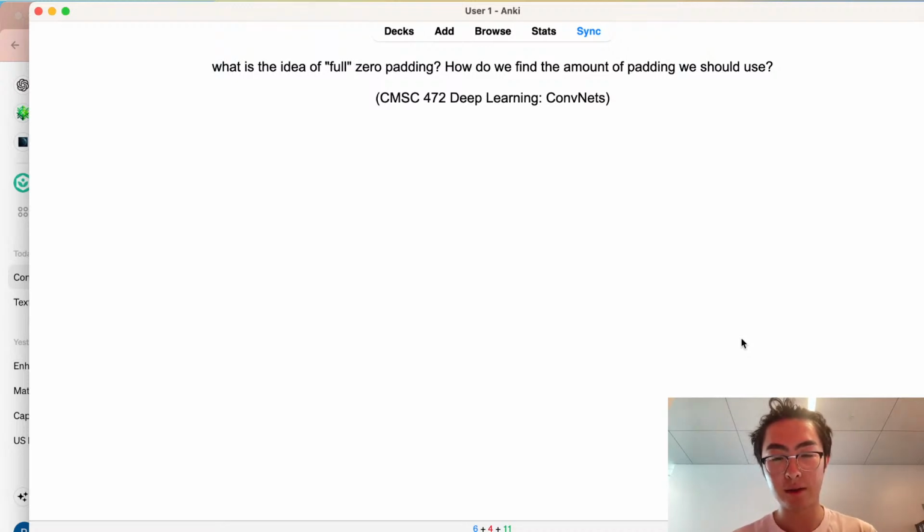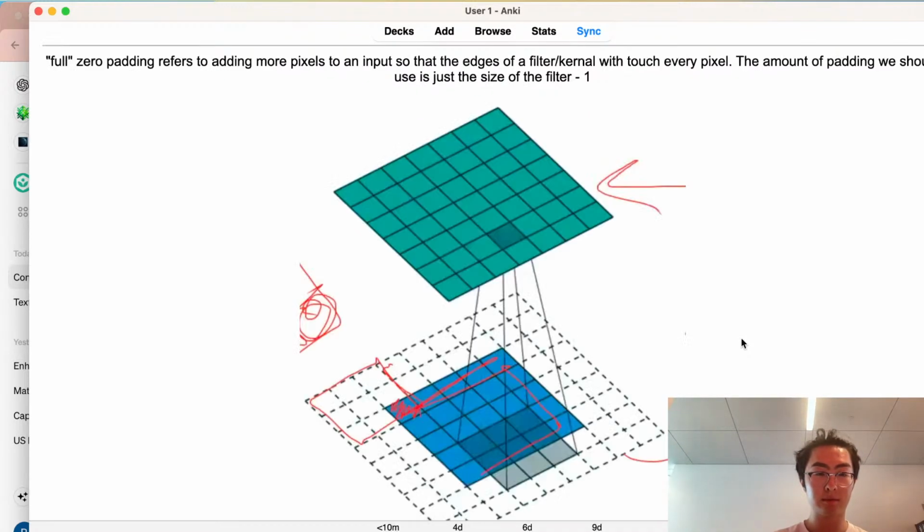So if we have a 5x5 filter, we add 4 padding on each side of the image in order to ensure full zero padding. And this usually creates a higher spatial dimension for the feature map.